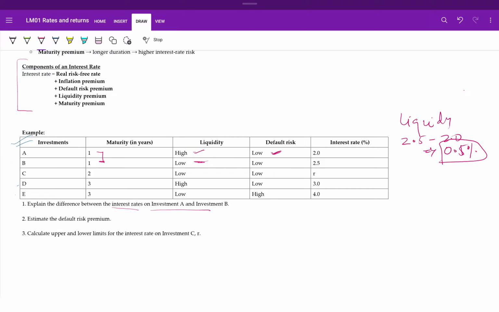And when we talk about question number two, estimate the default risk premium, for that we actually have to look at an investment where the default risk is different, and the liquidity is also different. Here we have made an assumption using question number one that because of liquidity, there is an increase of premium by 0.5%. So in the second example, when we are estimating the default risk premium, we are going to use the same thing here also.